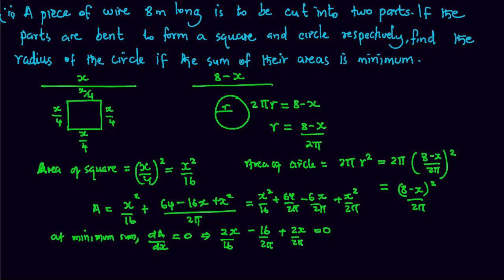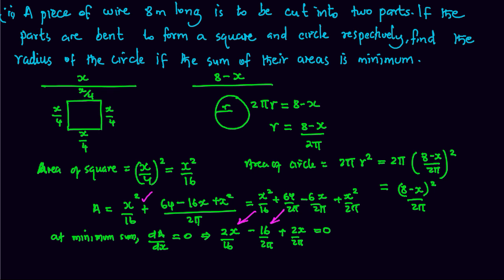So differentiating term by term, for the first case, we get 2x over 16. For the second case, there is no x variable, so it will be 0.